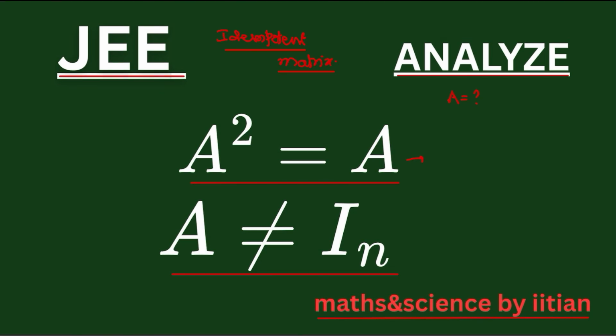Then how A square is equal to A will be defined, and what will be its properties, how they will be unique, so that you will get the trace of the matrix, rank of the matrix and also determinant of the matrix.